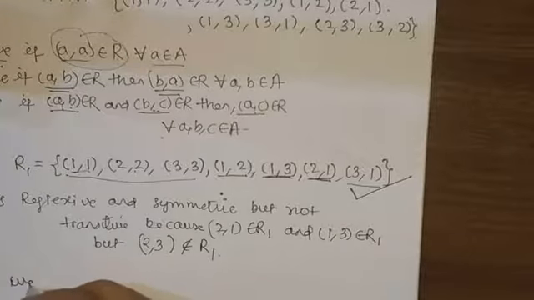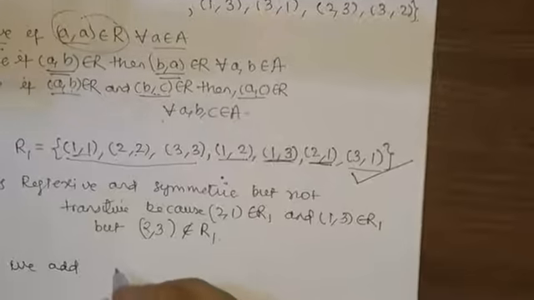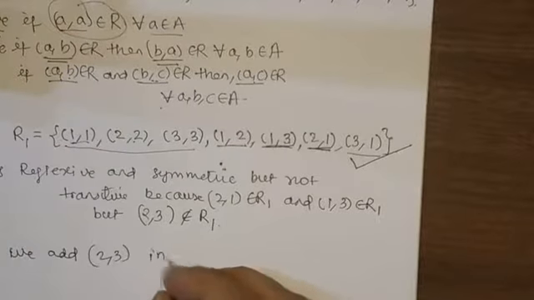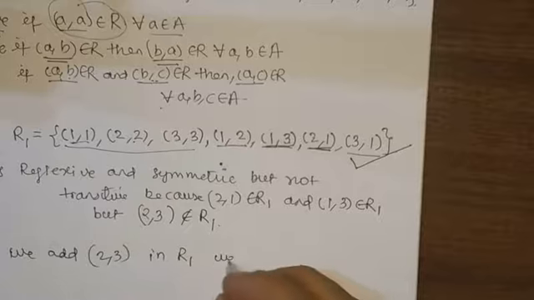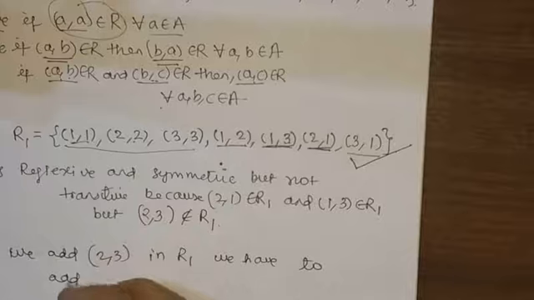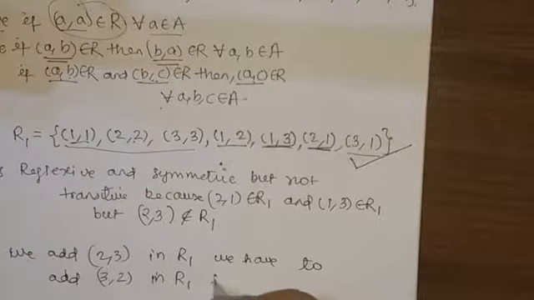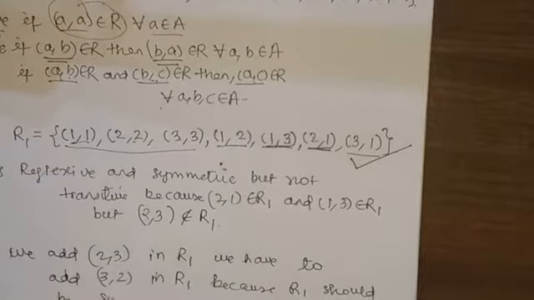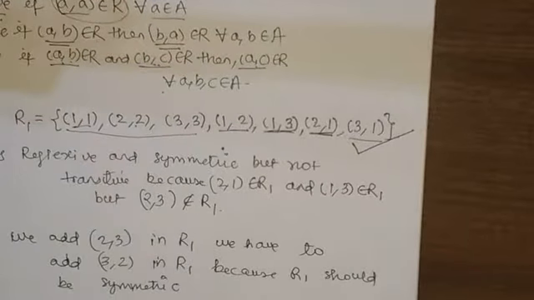If we add 2 comma 3 in R1, we have to add 3 comma 2 in R1. Why? Because the relation should be symmetric.